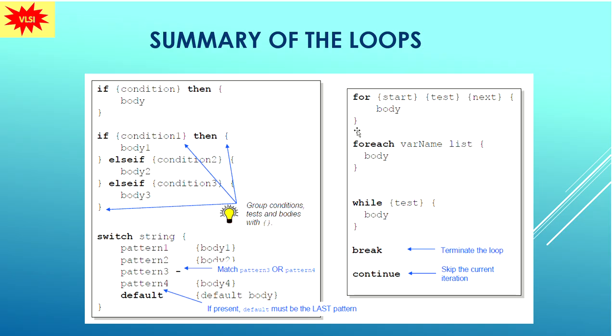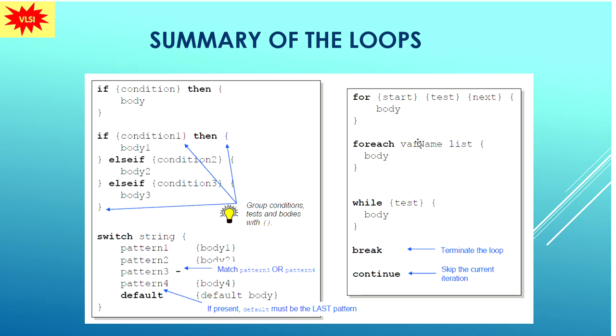So I'll set a list, set list1, fruit names, apple, orange, pineapple. Okay. Then I'll write a foreach. Here I'll give a variable name. This variable name is a local variable name that needs to be used in the body. Okay. I gave my list name as list1, so here's the list name. Basically, whatever the name of your list is, you'll give it here.